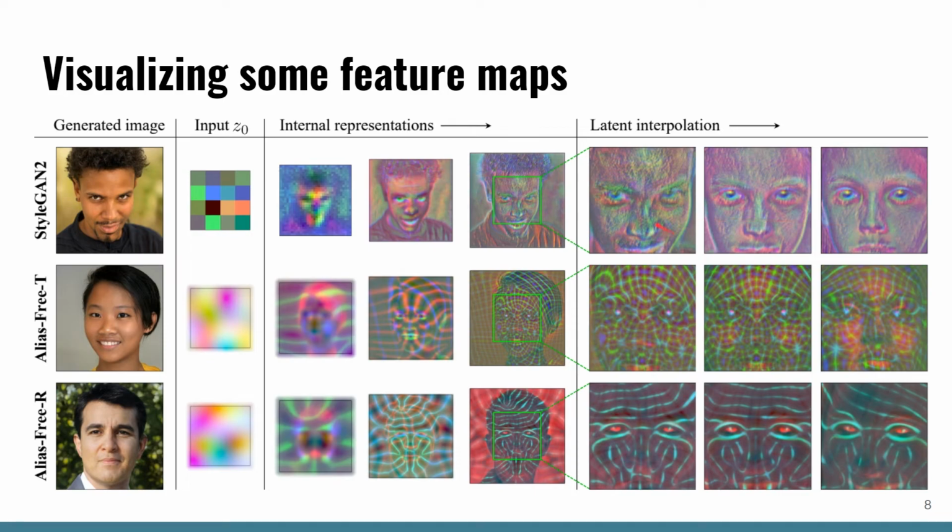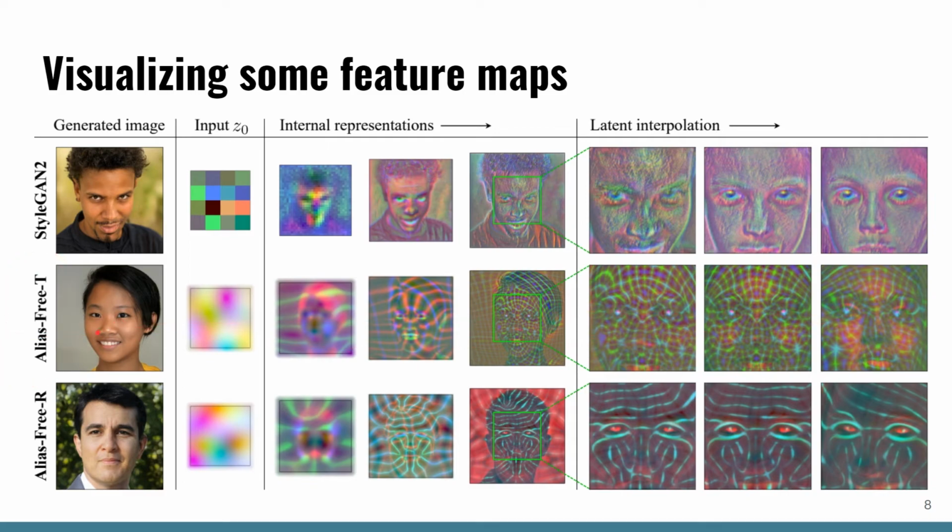So as you can see in the StyleGAN 2, the network has a very spatial-based internal representation of the image, and it can rely on the coordinate system of the image because it has access to it, so it doesn't need to store any coordinate-based information within the feature maps.